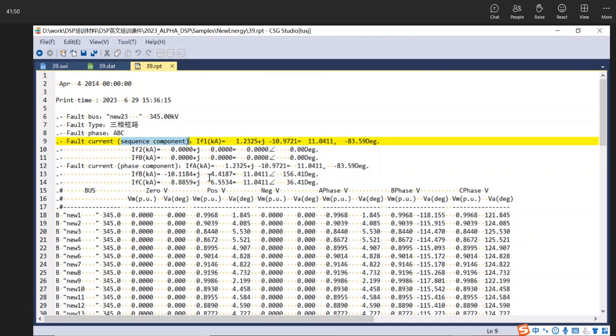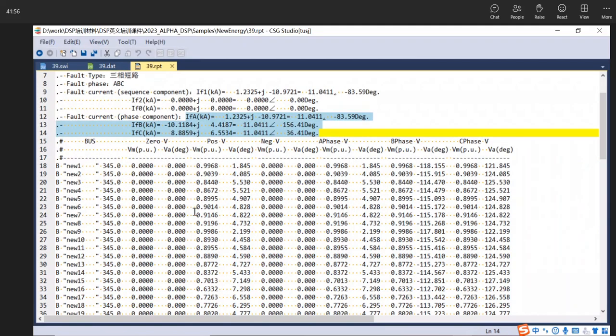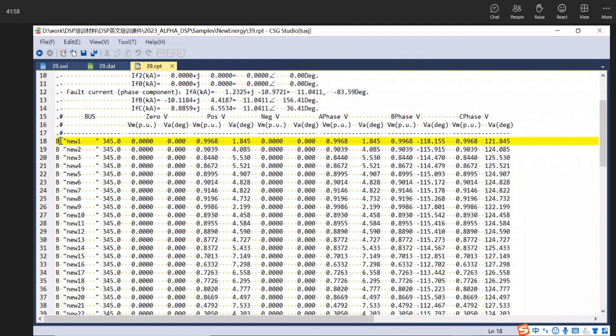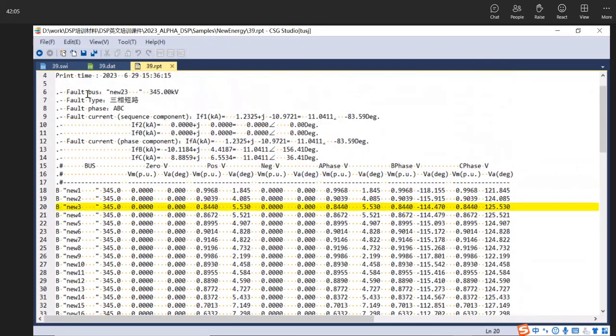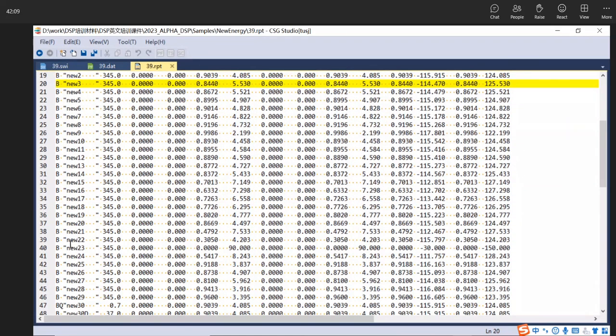It also gives the fault on the phase ABC. And it also calculates the voltage of other nodes. You can see the fault occurs on new 23. So new 23, the voltage is 0 because the fault happened in this place.